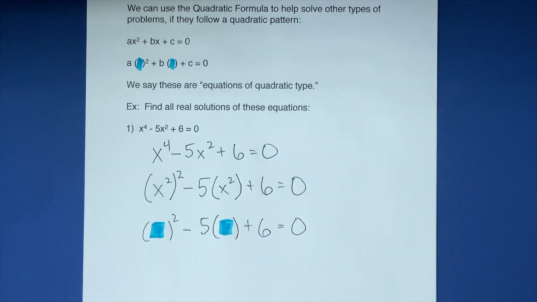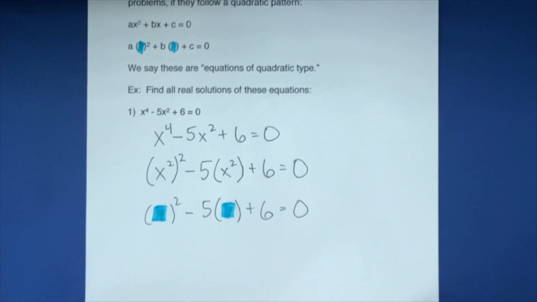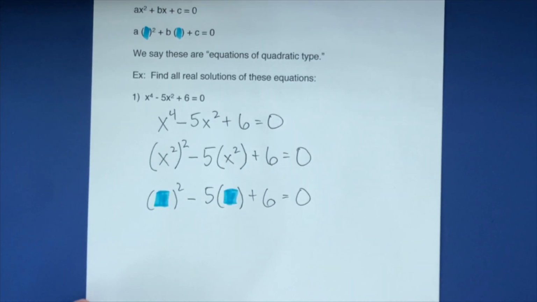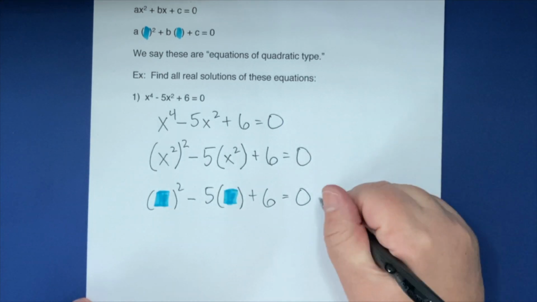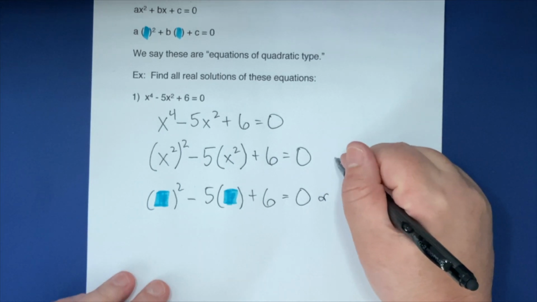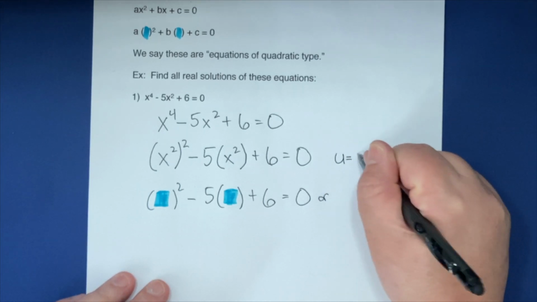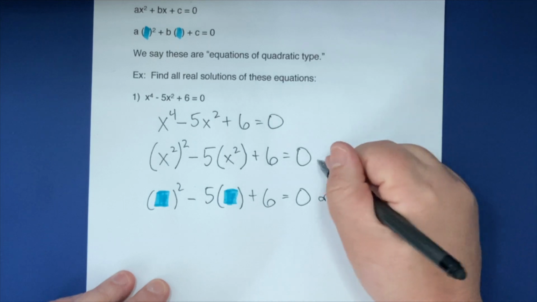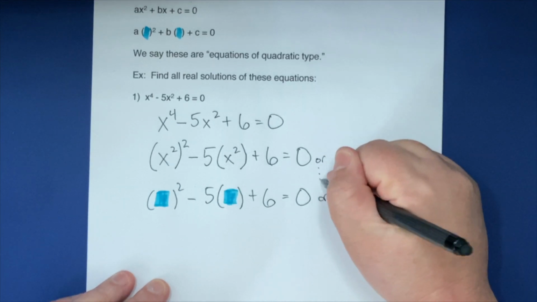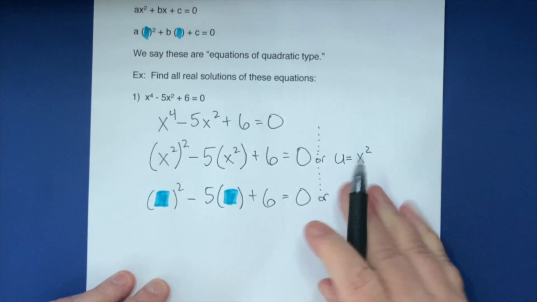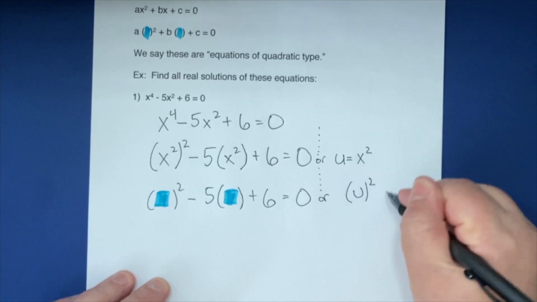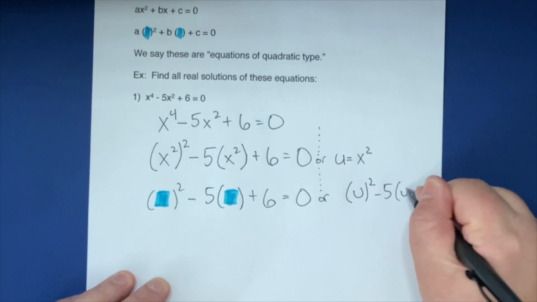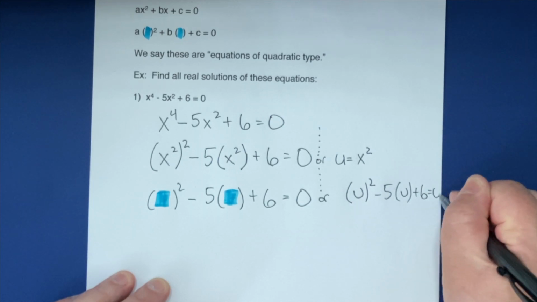Now you are also welcome to use another letter. So for example, frequently people use the letter U or even M to represent the x squared. So you could say, if you let u equal x squared, then, let me do a dotted line there so you can see that this is kind of a different way to look at it, then we've got u squared minus 5 times u plus 6 equals 0.